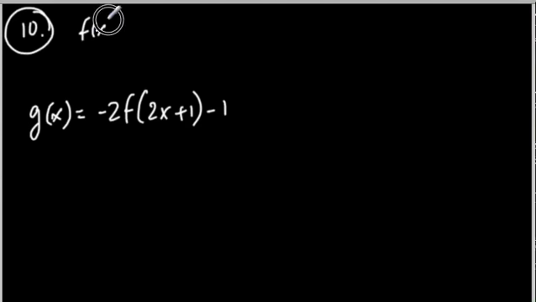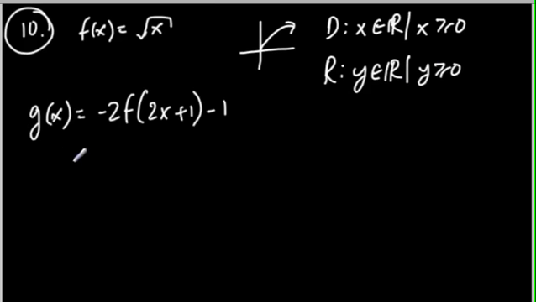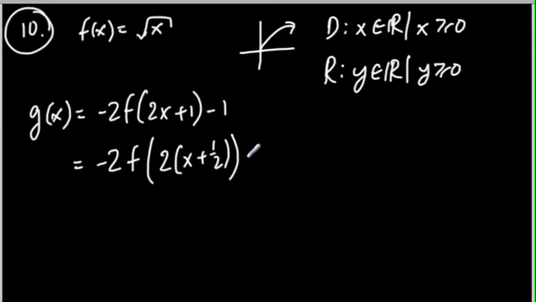So once again, we have f of x is equal to the square root of x. So our domain is x is an element of reals, x is greater than or equal to 0. Our range is that. Remember we have to always factor this, so it's -2 f of 2 times x plus half, minus 1.